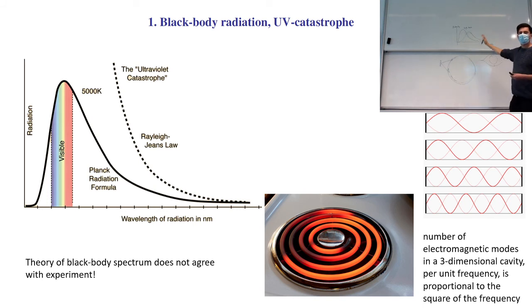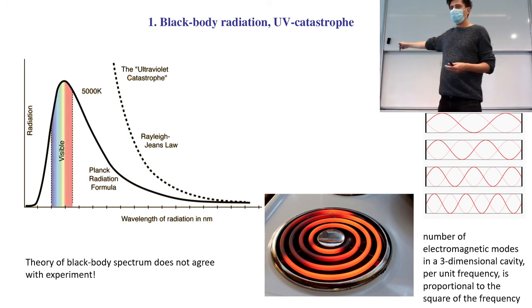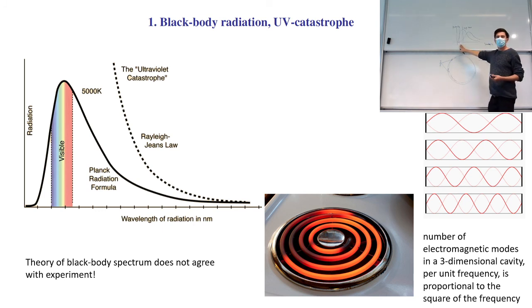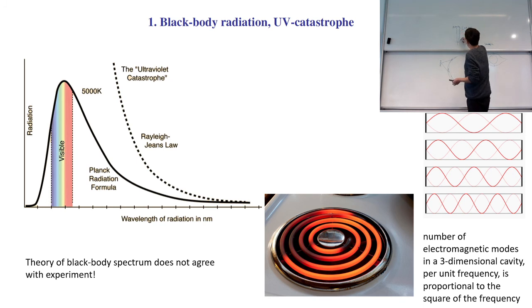It shifts more to the right. The reason things glow red is because our eyes can only detect light in a fairly limited range of wavelengths, right? We can only see light from about 300 nanometers to maybe about 800 nanometers. So we can only see light here.